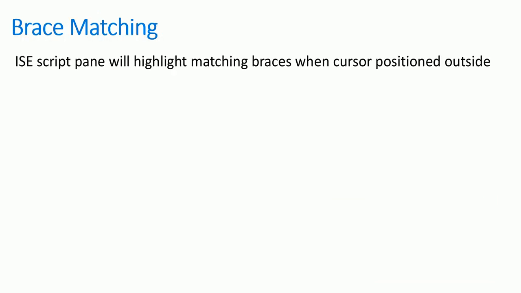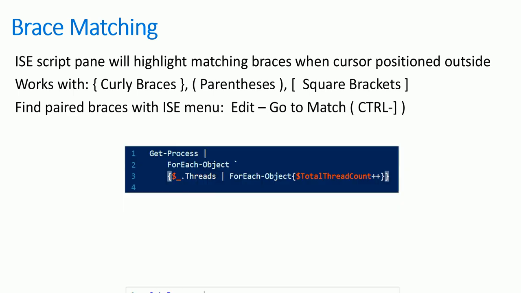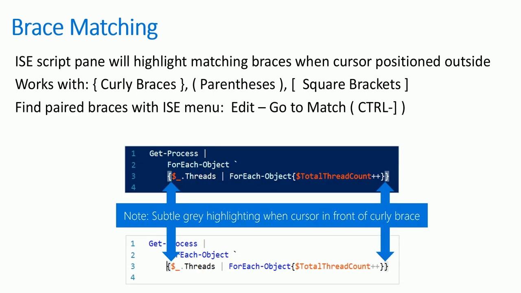Now brace matching. The ISE script pane will highlight the matching braces when the cursor is pointed outside. So this is like the curly braces, the parenthesis, and the square brackets. So we are using three types of braces. Here is the example I have given. You are writing the Get-Process PowerShell command, Get-Process ForEach-Object, and you write your curly braces.